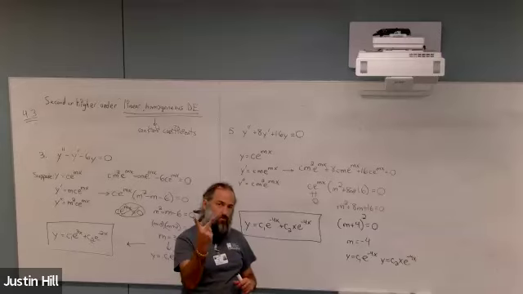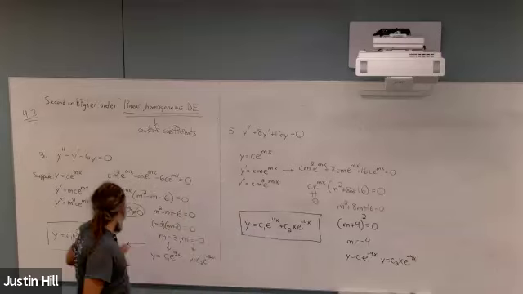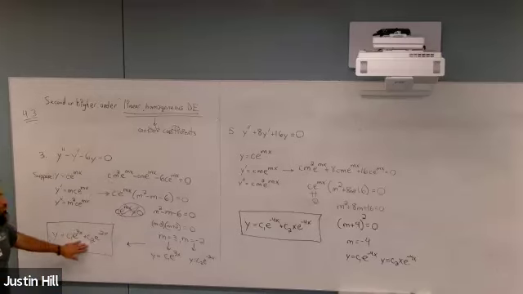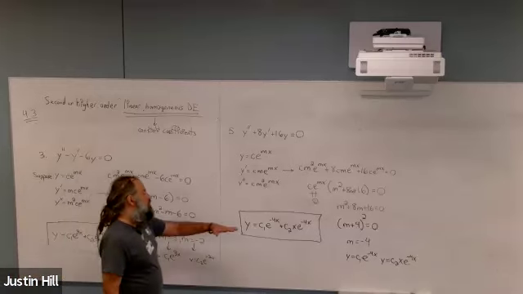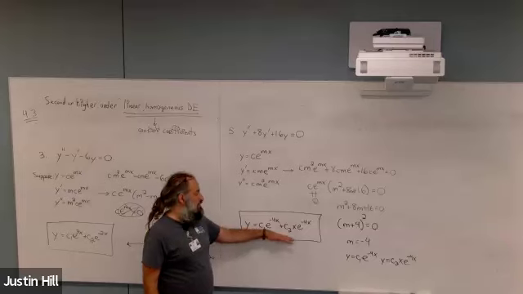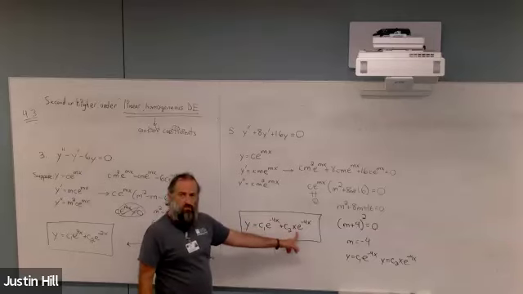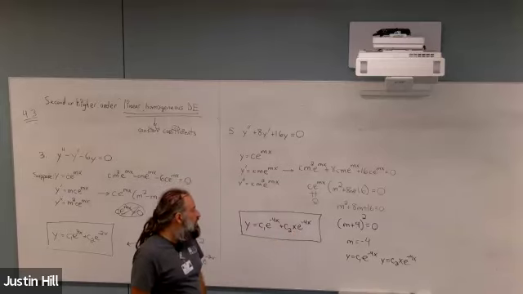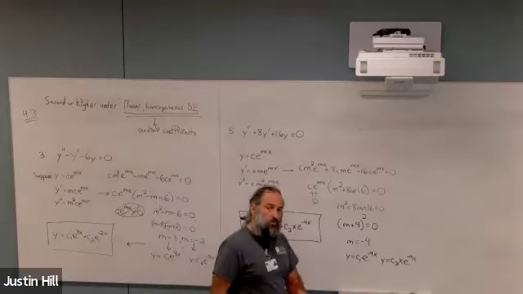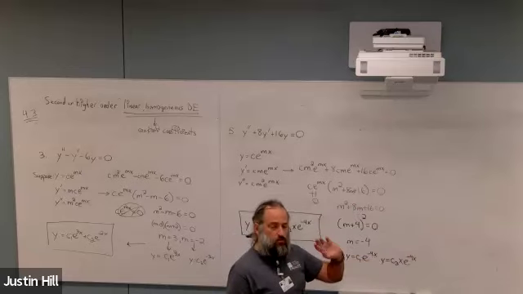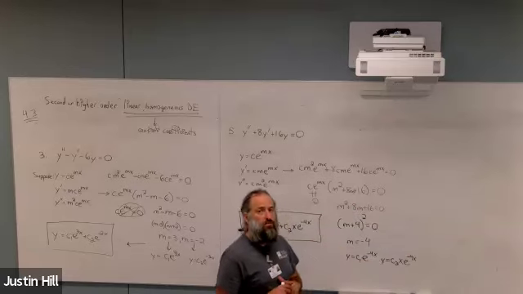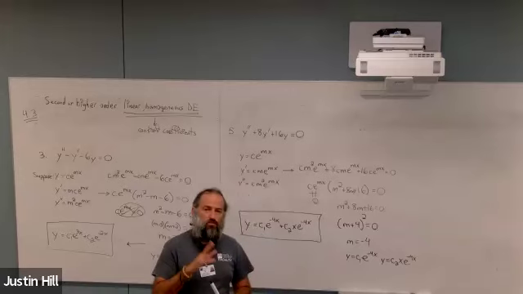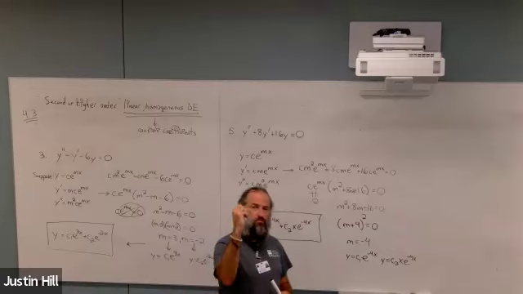You either get two distinct solutions, so you'll have two pieces that look like this, or you get one repeated solution. And if you get one repeated solution, our second solution to the differential equation is just the same thing with an x stuck in front of it. So then we can start predicting what this third possibility is. With quadratic equations, there were just three possibilities: two distinct solutions, one solution.